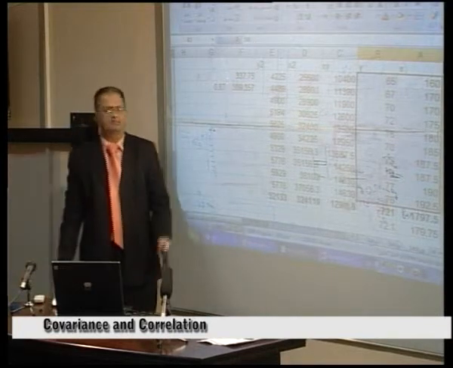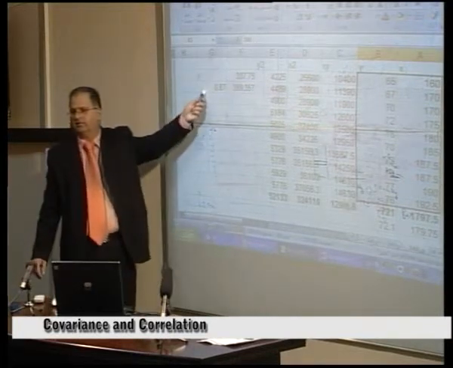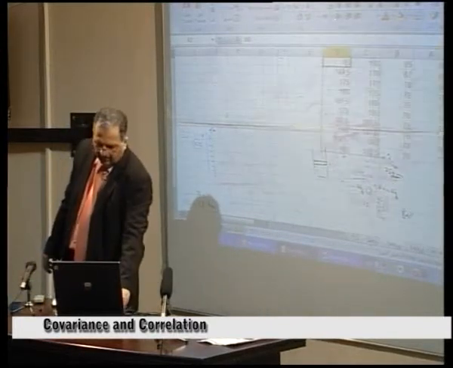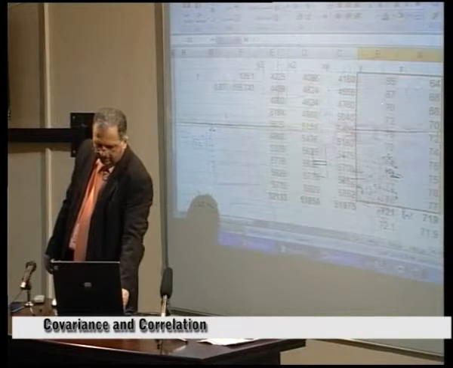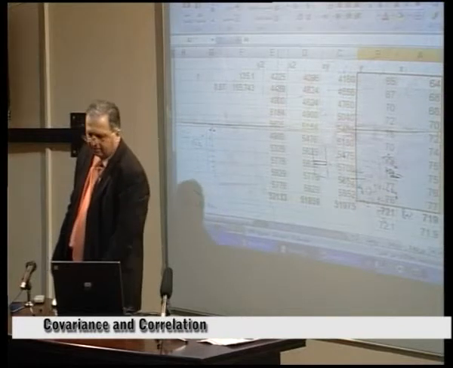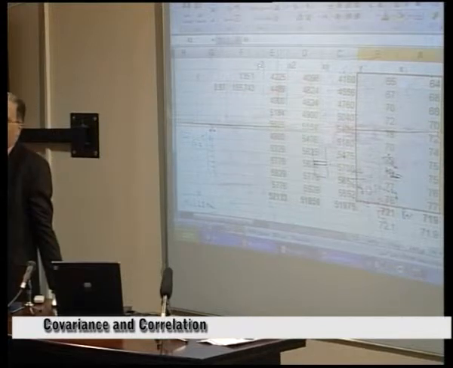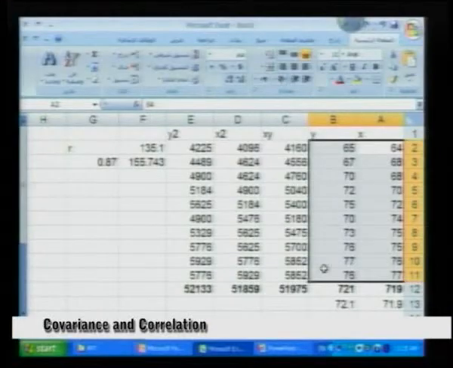Now let's see how outliers will affect the value of R. Let's say we change one point in the data set. Suppose I just changed 64.